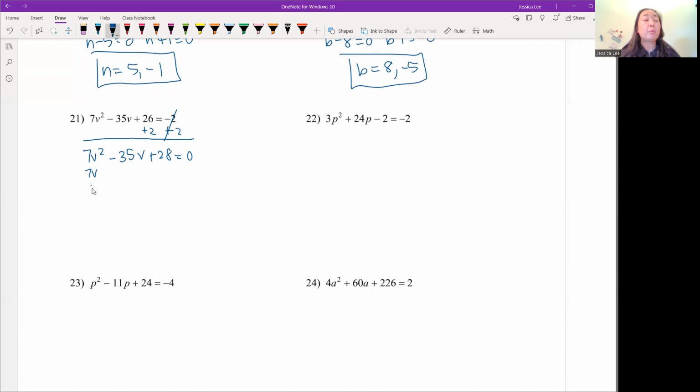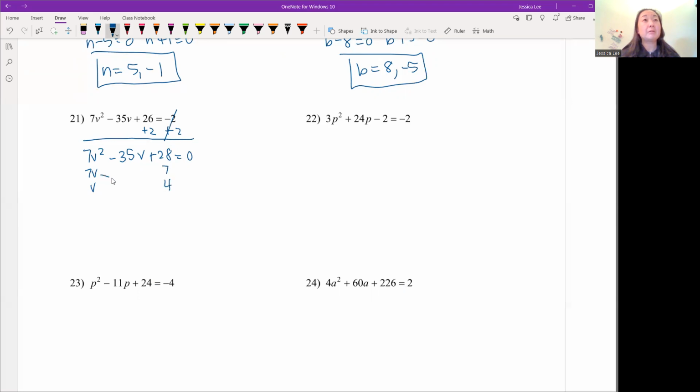So I know one of them has to be a 7b and the other one's going to be a b. Now, two things that multiply to 28 do not necessarily have to add up to 35 because we're going to multiply one of the numbers by 7. So I'm going to be like, well, 7 and 4 first come to mind. So I'm going to put the 7 on top and 4 on the bottom.